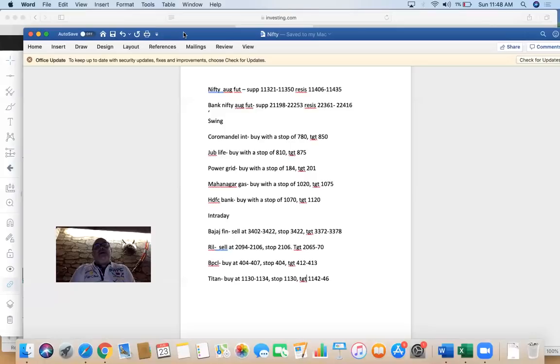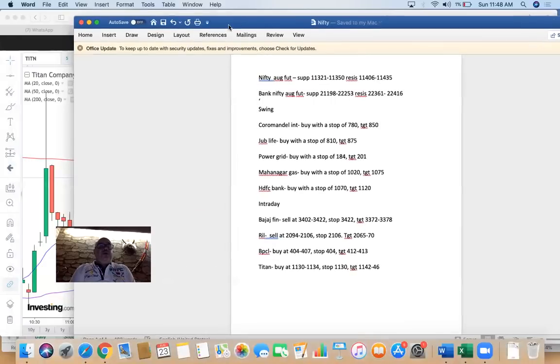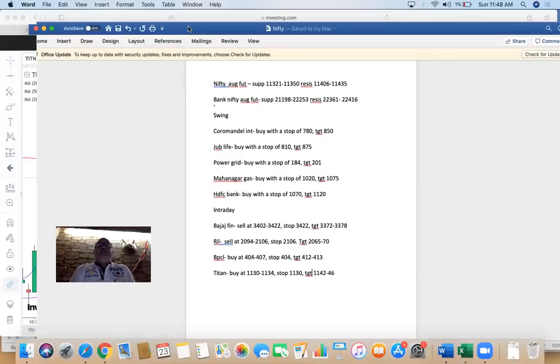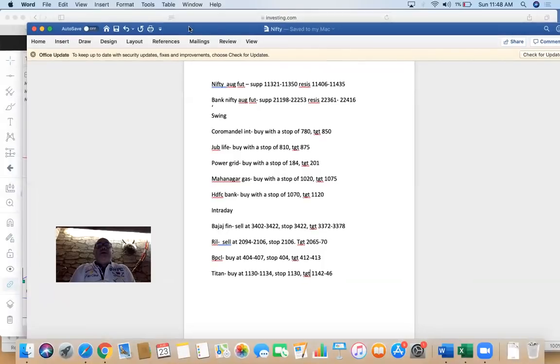The plan is in your hands, and following it would be your job. All the best. I hope you people do well, understand the concept, trade with very small volume and capital, and first get confidence and then trade. Even if you do paper trading, I have totally no objection.